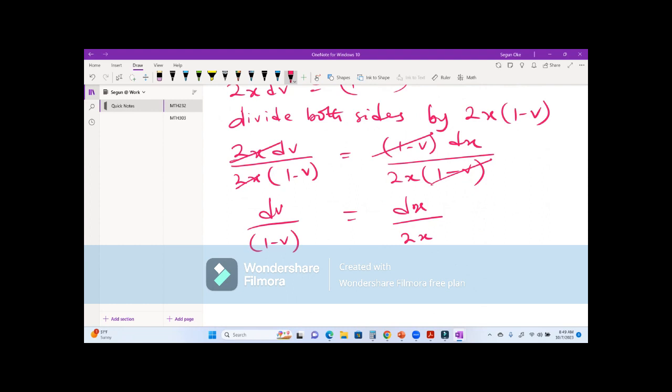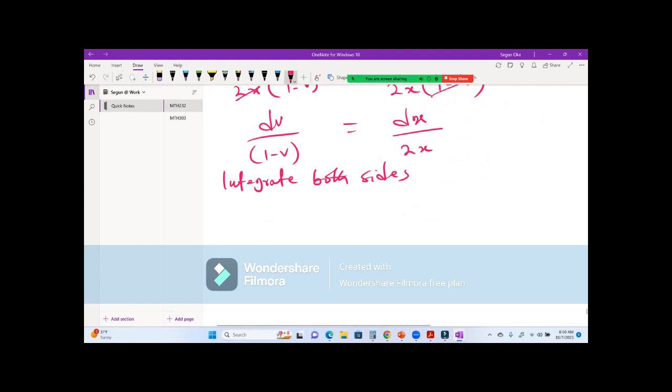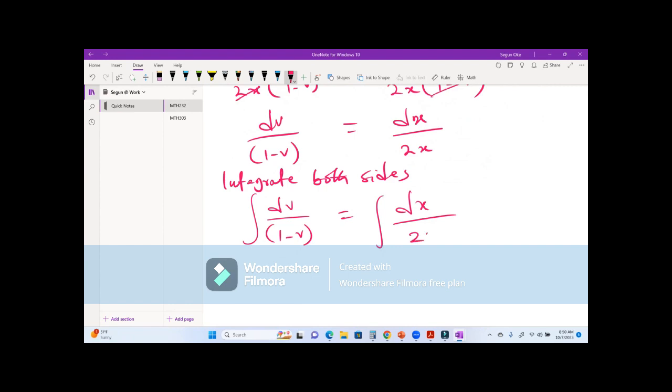At this point, we need to integrate both sides. So for us to integrate both sides, we have the integral of dv over 1 minus v equals to the integration of dx over 2x.